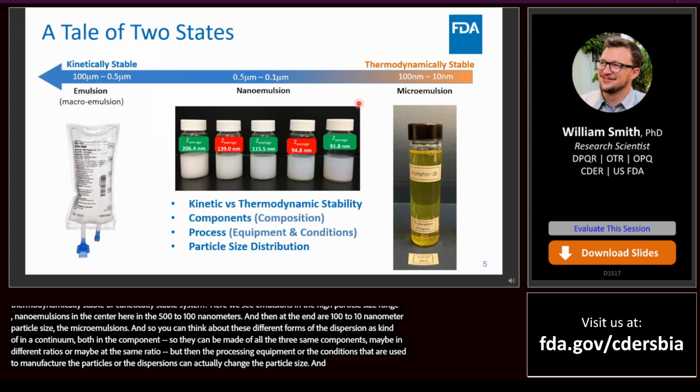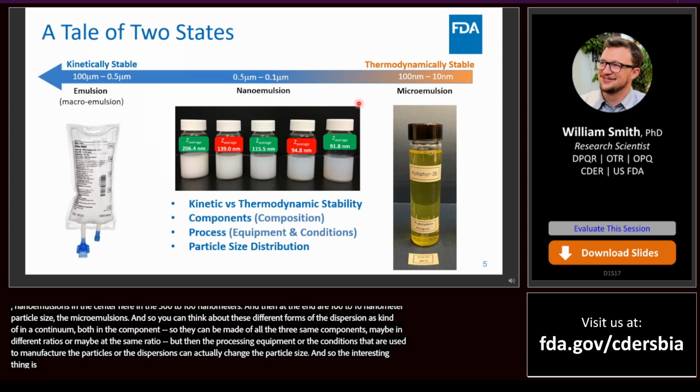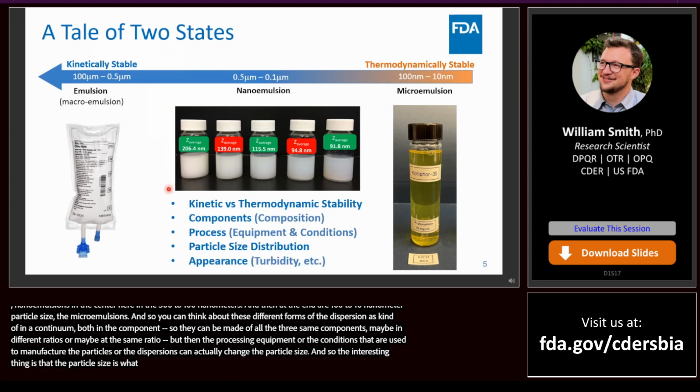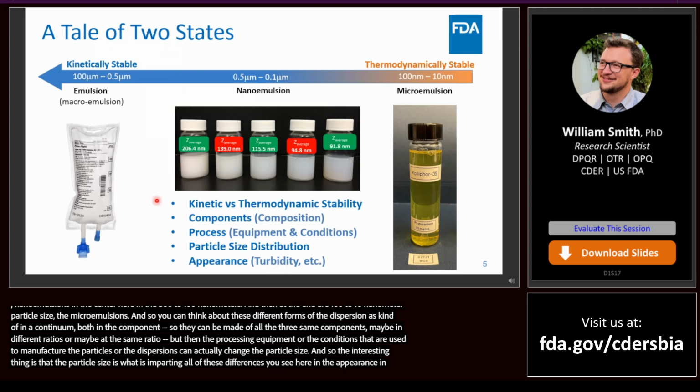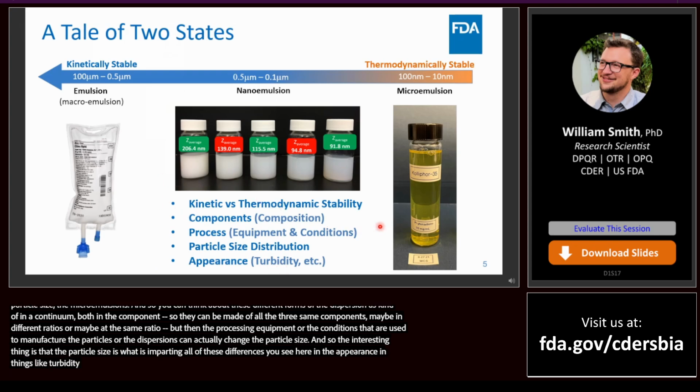And so the interesting thing is that the particle size is what is imparting all of these differences you see here in the appearance, so things like turbidity, whether or not it's opaque, whether it is an optically transparent or isotropic system, like you see here with the thermodynamically stable microemulsion.